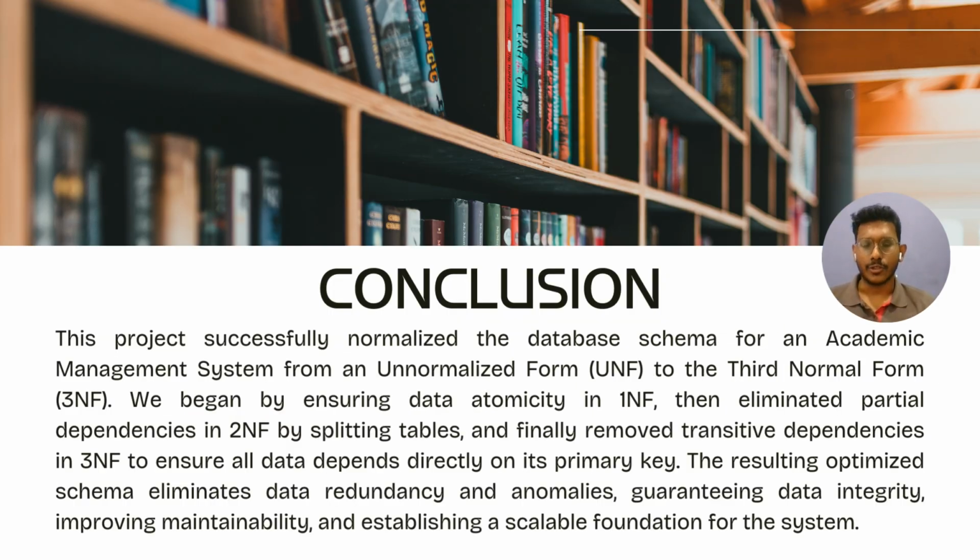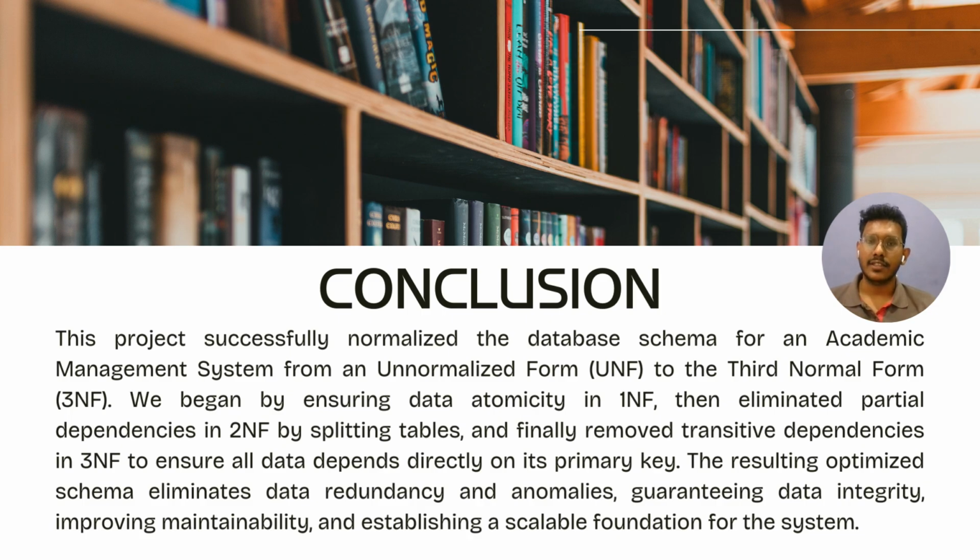So to bring it all together, we successfully normalized our academic database through a structured three-step process. In the first step, in first normal form, we made all data atomic by ensuring each field contained only indivisible values.